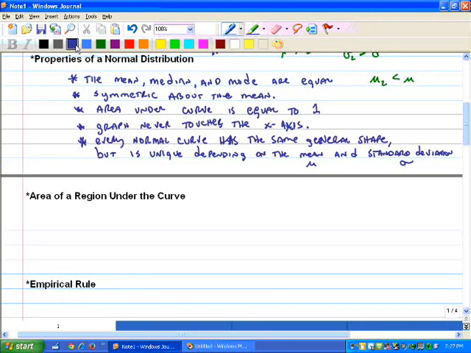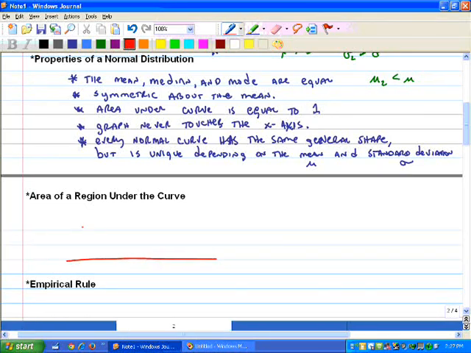In a normal probability distribution, the area of a region under the curve, sketch one, this is what we mean by the area of a region under the curve.